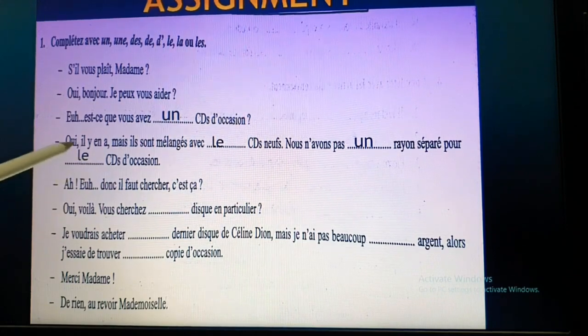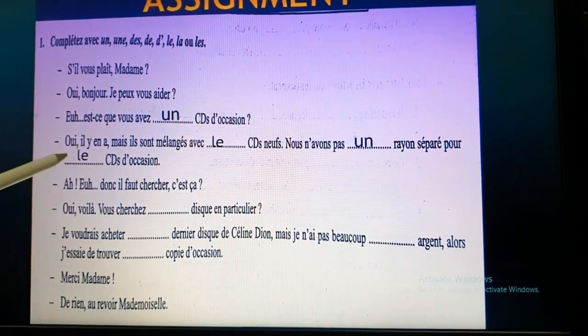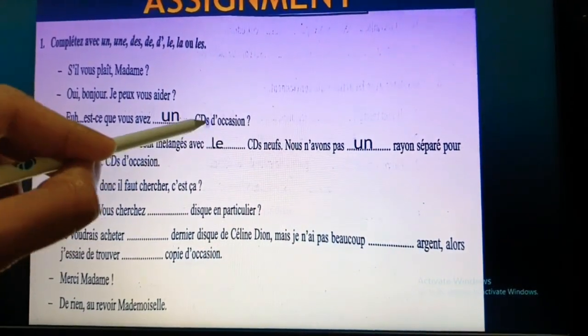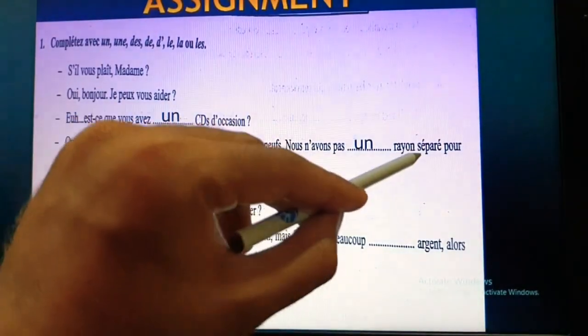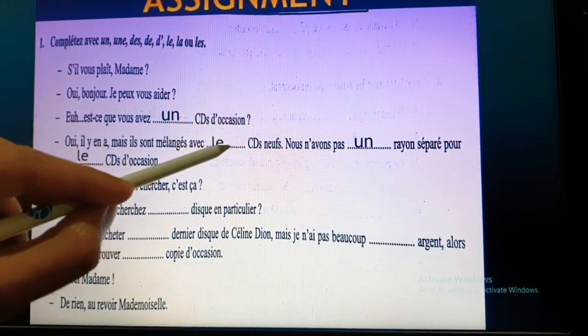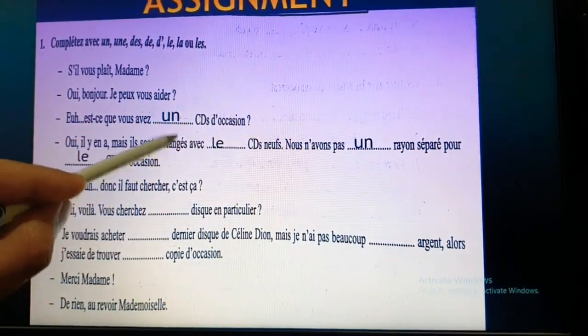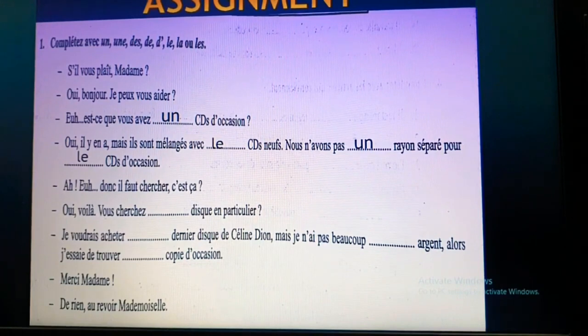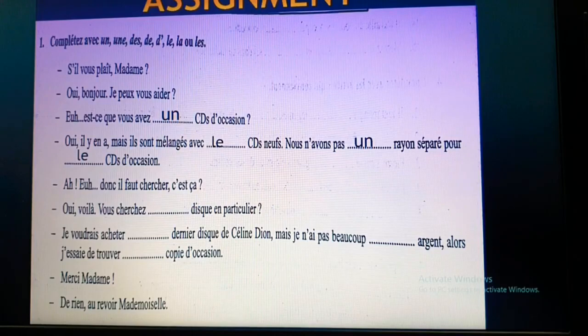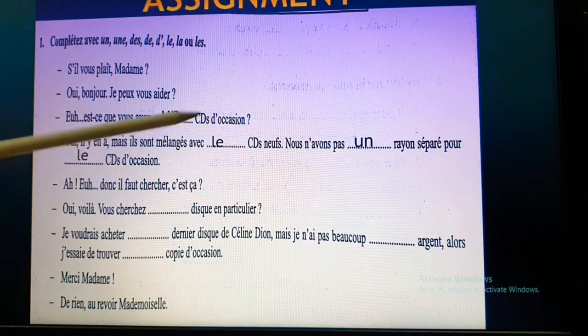Now here we are putting article défini. Why? Because this is being repeated, so we are sure she is talking about the occasional CD she already talked about. We already did this in the class 8 book, final chapter. I hope you remember it. When things are repeating, you have to use article défini in the second mention also.